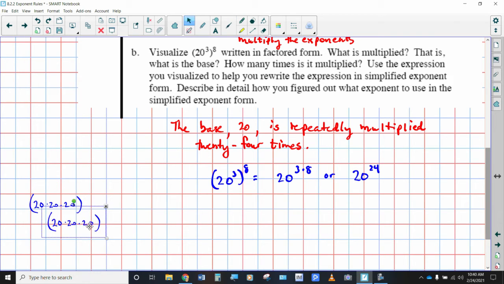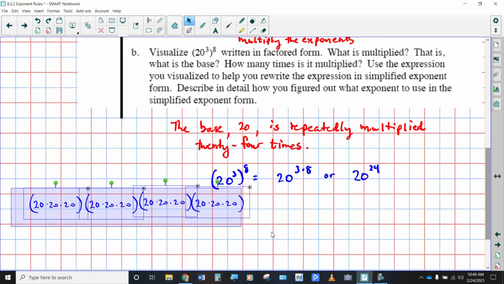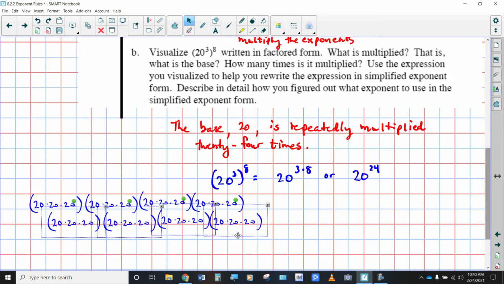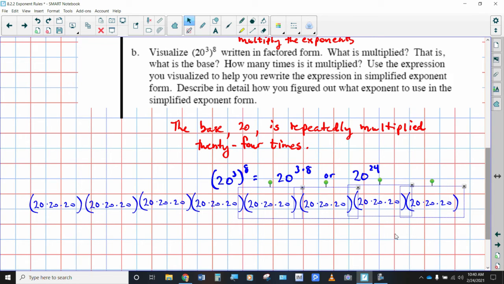Now we're going to do this 8 times. Right, that is 1, 2, 3, 4 times. And I'm going to use my little cheat button to do it another 4 times. And then you can physically count them up. 3, 6, 9, 12, 15, 18, 21, 24, total 20s being multiplied together there.